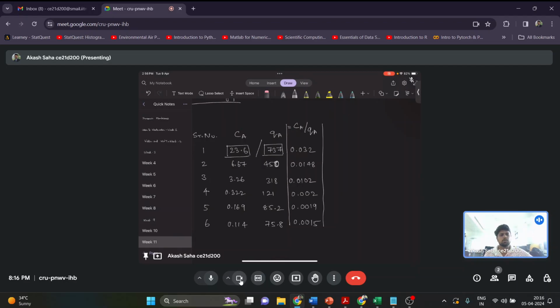Only Ca by Qa is required for the Freundlich isotherm, but for the Langmuir isotherm we will also find two more parameters, which are just log Ca and log Qa, to the base 10. I'll write the answers for these also. You can very easily do this in Excel.